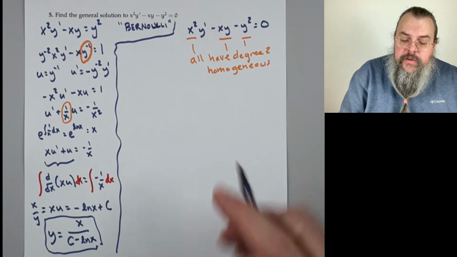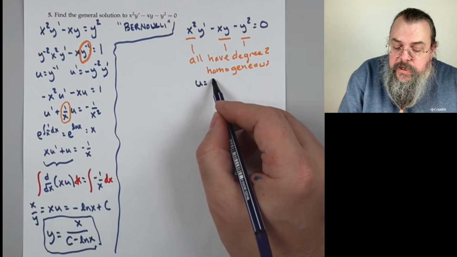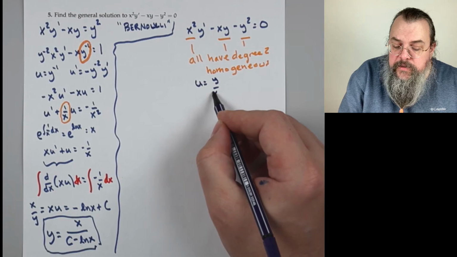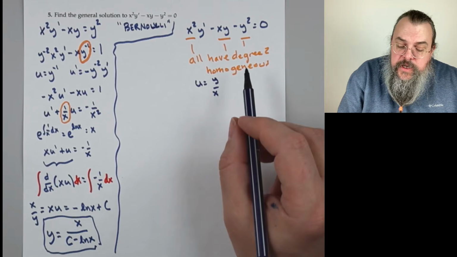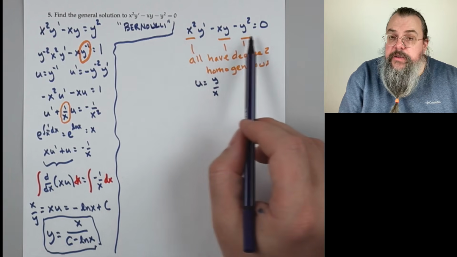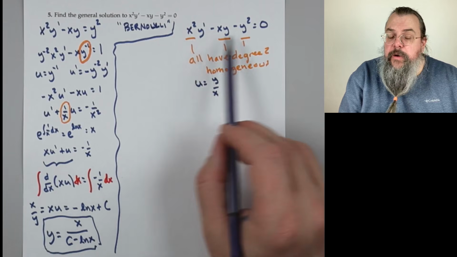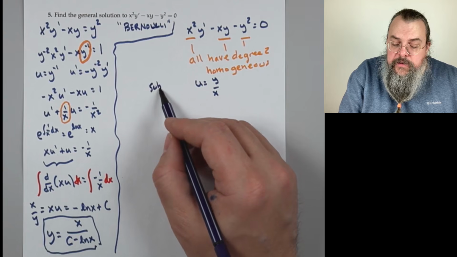Well, what that says is we're going to make the following substitution. u will become y over x. Okay. Now, first off, what happens? Well, since they all have the same degree, we're going to divide through and make everything look like a y over x. So, okay, what do we have?